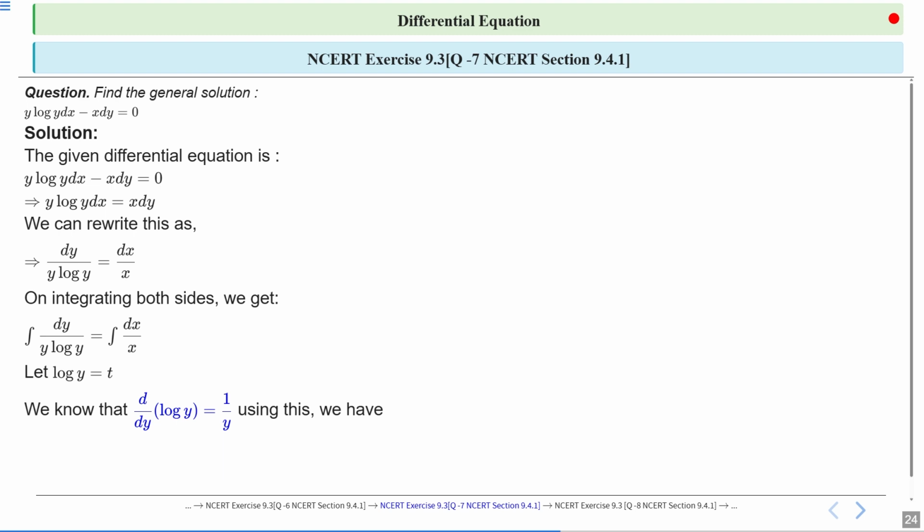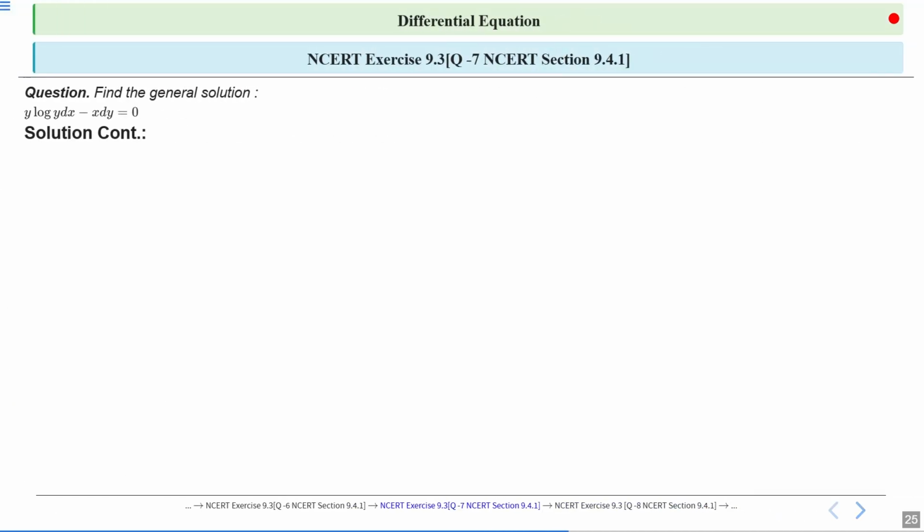As we know, differentiation of log y with respect to y is 1 by y. So we get 1 by y is equal to dt by dy. So we can write dt as 1 by y dy.